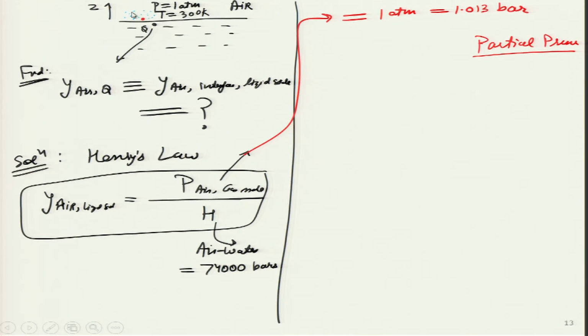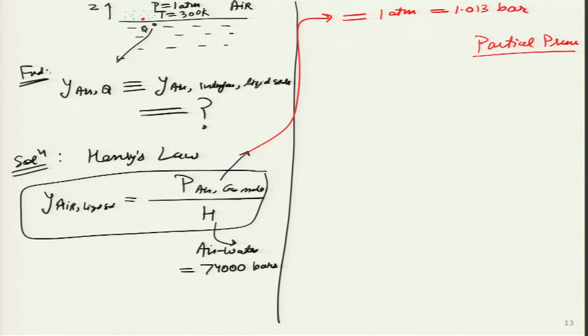Now, the question is, why is the water molecule present over there? Wherever we find a layer of water exposed to air, at that interface under thermodynamic equilibrium, because of evaporation, the air will become saturated with water, which means I have to calculate the saturation pressure of water at that particular point.